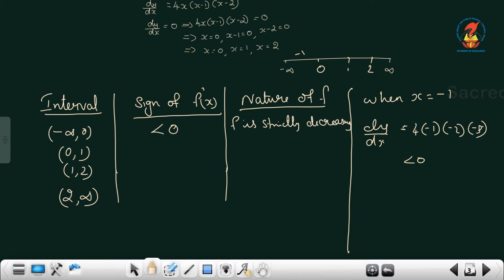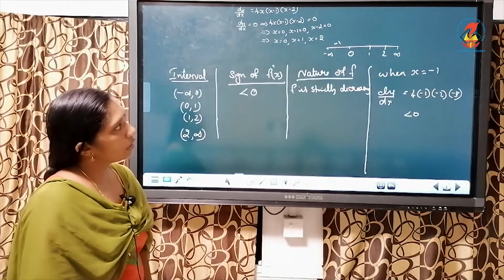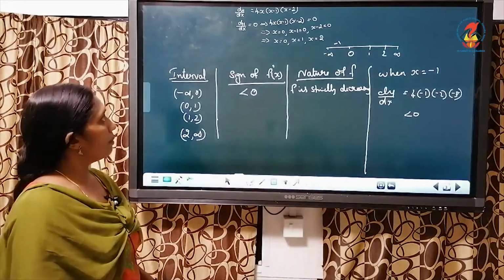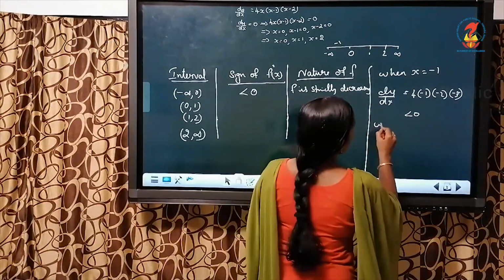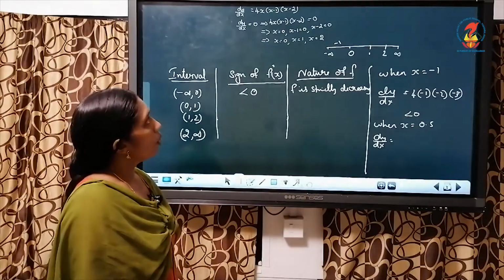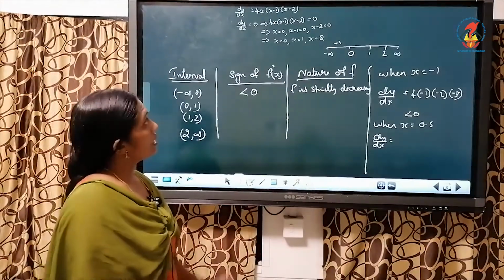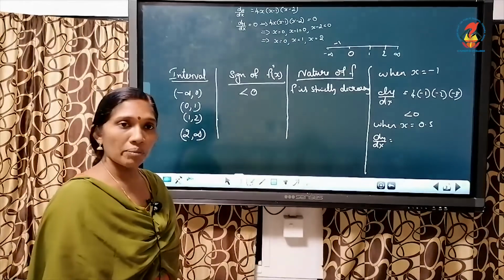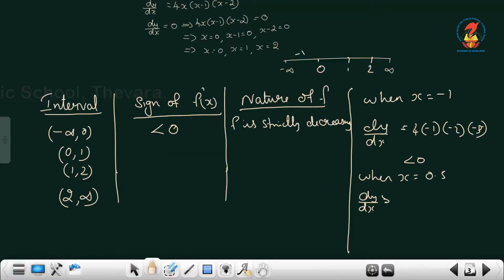Now the second interval, 0 to 1. We can take 0.5, or 1 by 2. When x is 0.5, dy by dx is 4 into 0.5 which is positive, 0.5 minus 1 that is negative, second bracket 0.5 minus 2 that is also negative. So dy by dx is greater than 0. That is, f is strictly increasing.